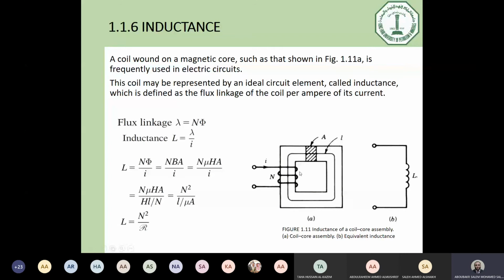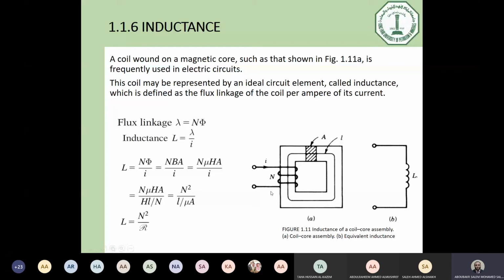If you have the flux linkage, which is lambda equal to N phi, and we know that phi is the flux and N is the number of turns. The value of inductance, L, equals lambda divided by I. But we need to calculate L as a function of the parameters we have, not depending on the value of current.